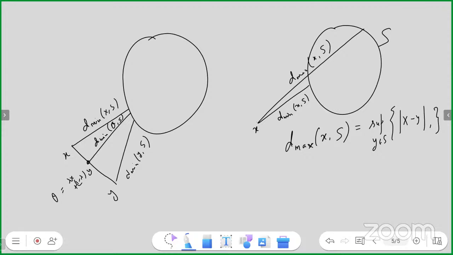Lambda times d min of x comma S plus 1 minus lambda times d min of y comma S is greater than or equal to d min of theta comma S. But now, from this picture, what can you deduce? The middle length should be smaller than lambda times the first length plus 1 minus lambda times the second length, which appears to be visually correct.